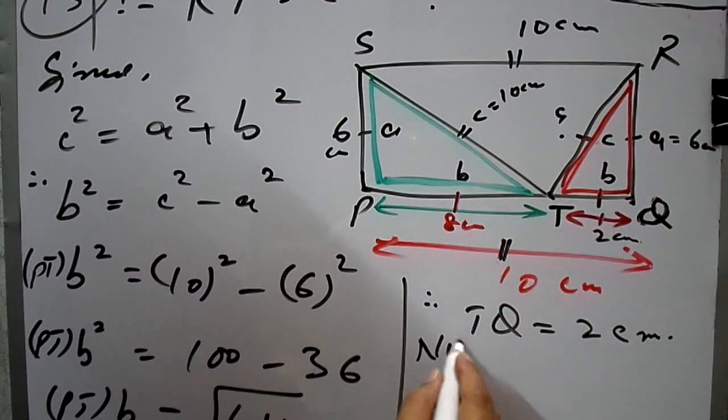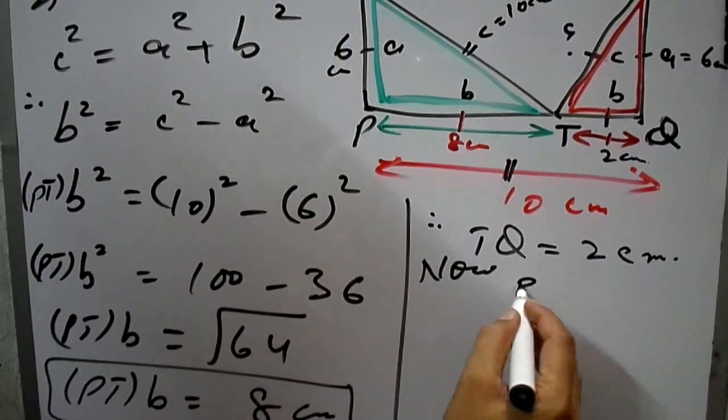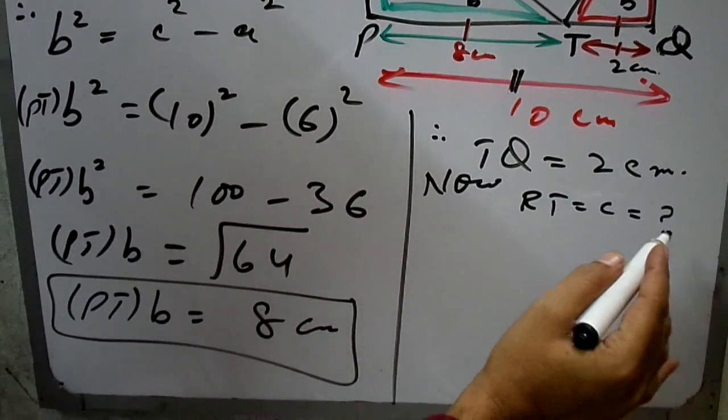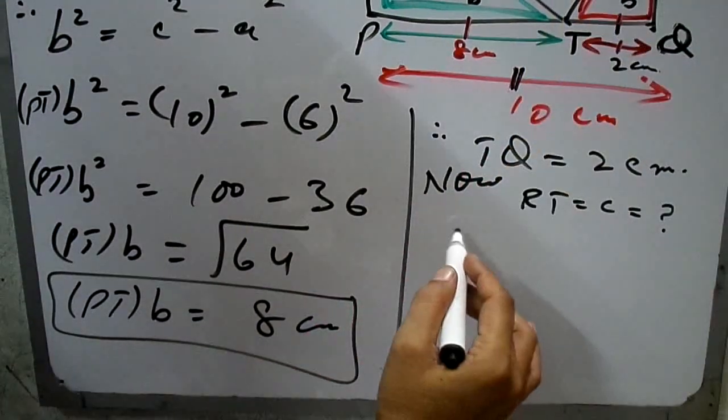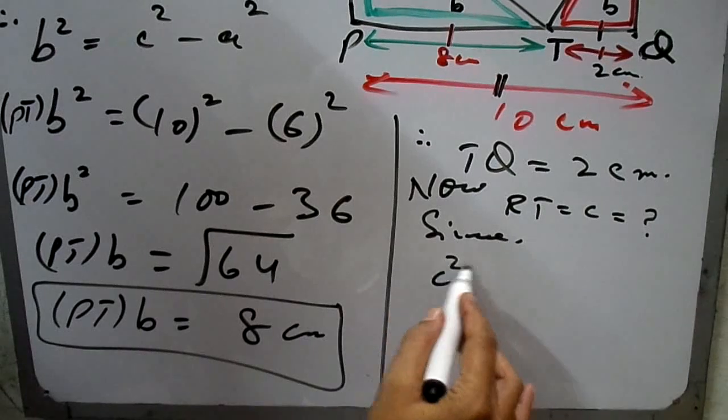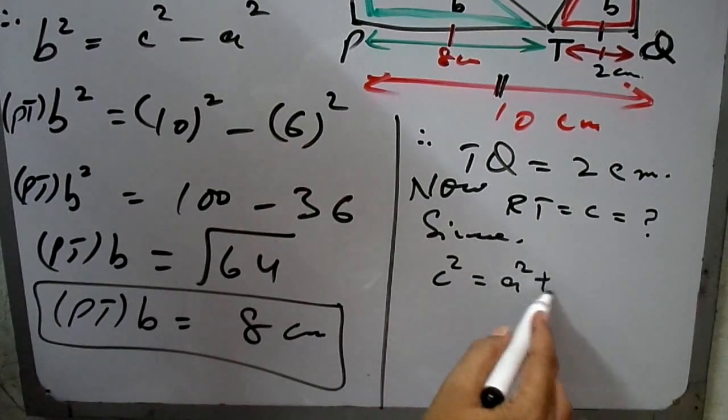Now we have to find RT, that is equal to C. In this triangle, by Pythagoras theorem, C square is equal to A square plus B square.